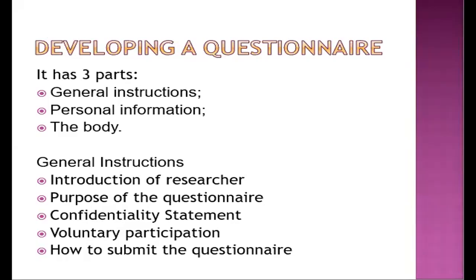You could also indicate, do not write your name on this questionnaire, so your responses will never be linked to you personally. However, as described in the research ethics, this is not always possible.